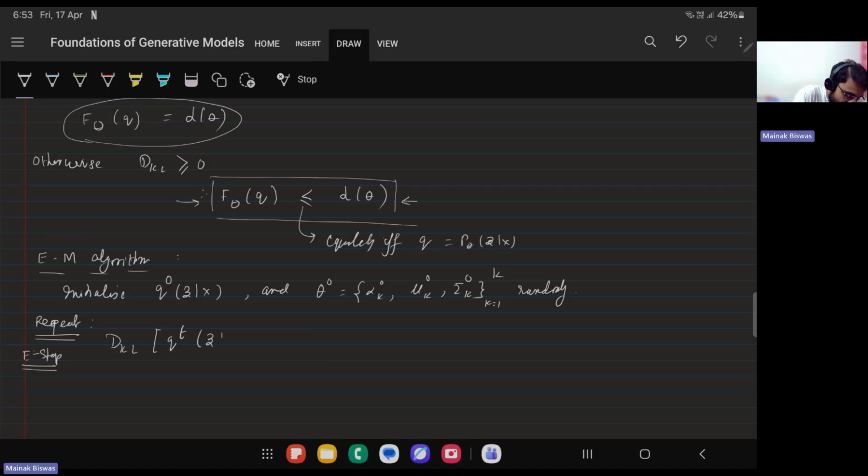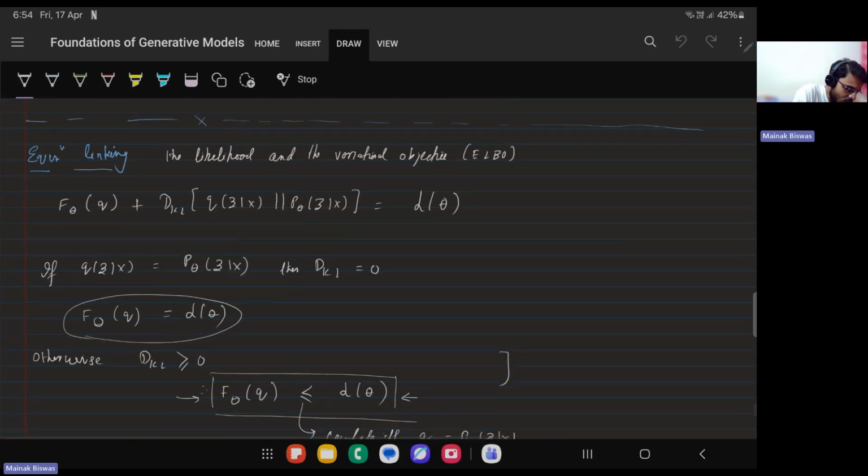What are we trying to do? We are trying to say that q_t is the argmin over all q of D_KL(q(z|x) || p_theta(z|x)).